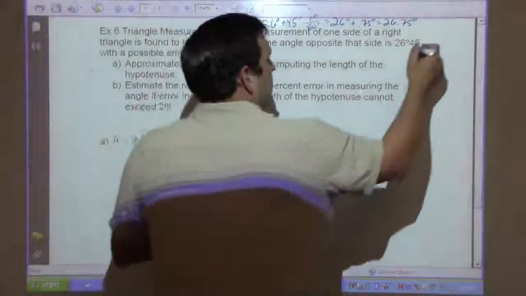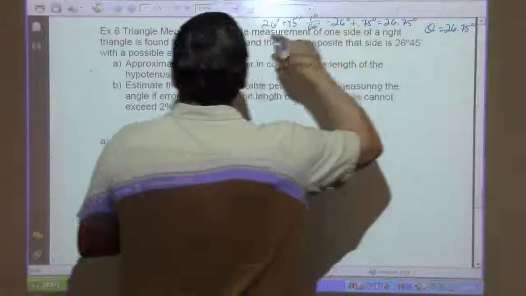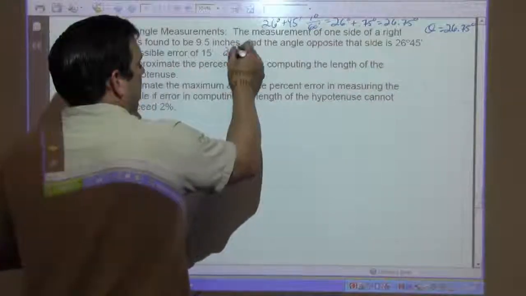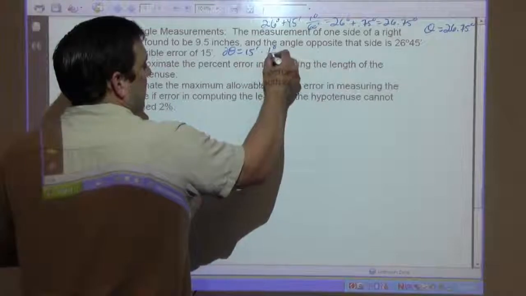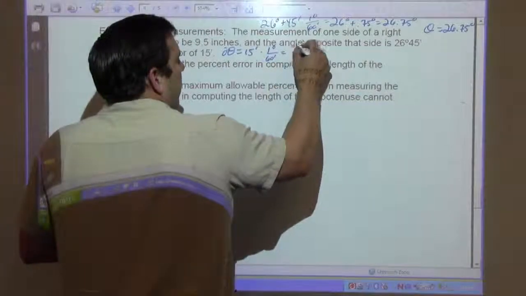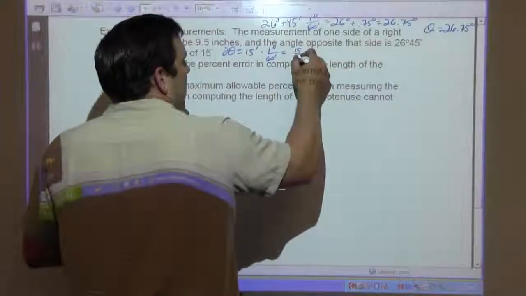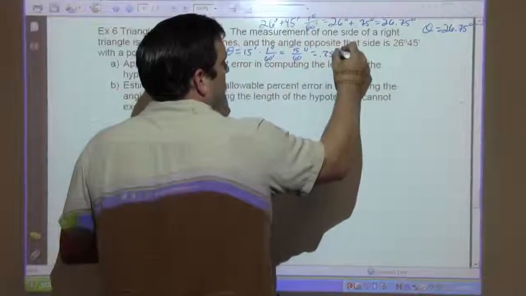So our theta is 26.75 degrees, and then our d theta is 15 minutes times 1 degree over 60 minutes, which is going to be 15 over 60 degrees. That's going to be 0.25 degrees.